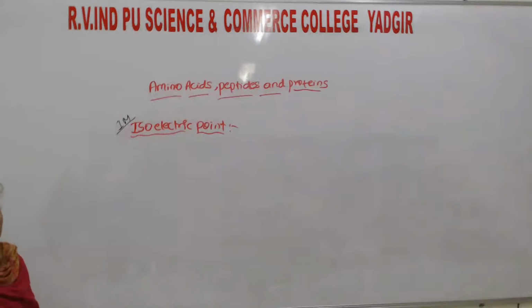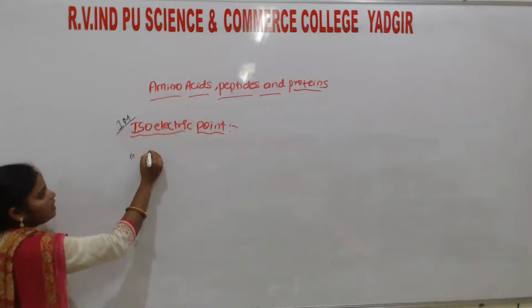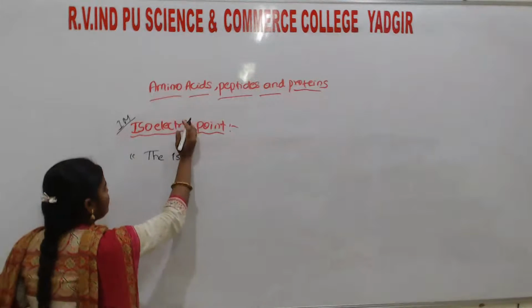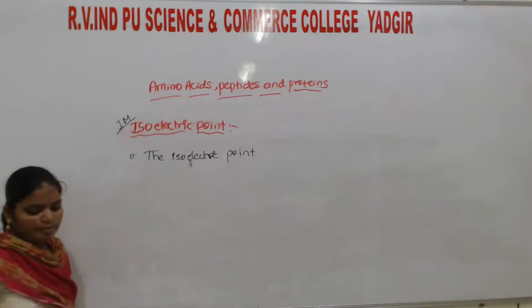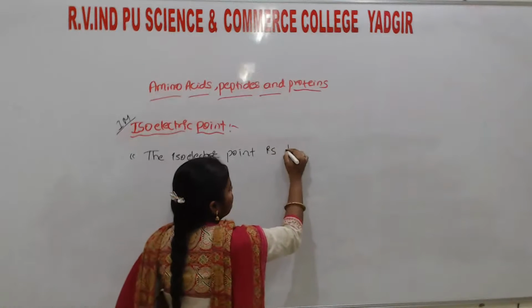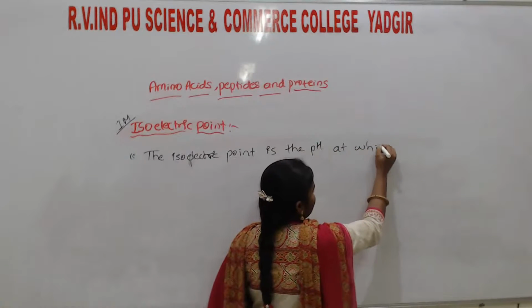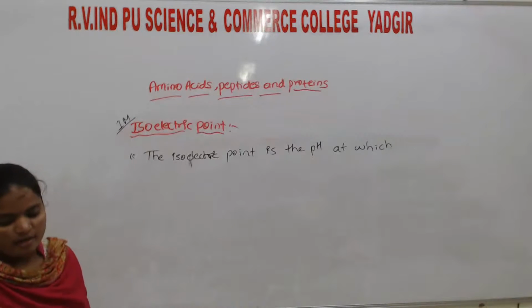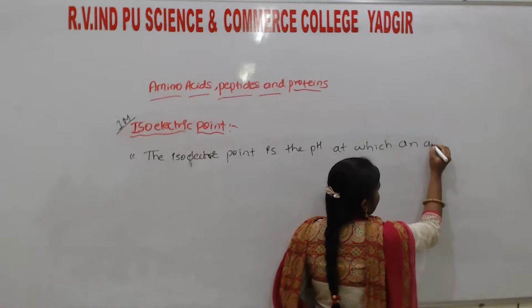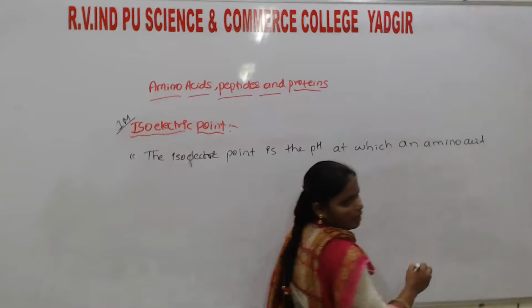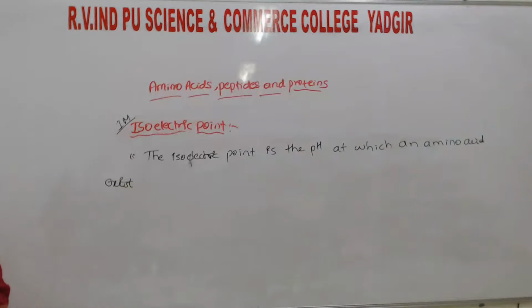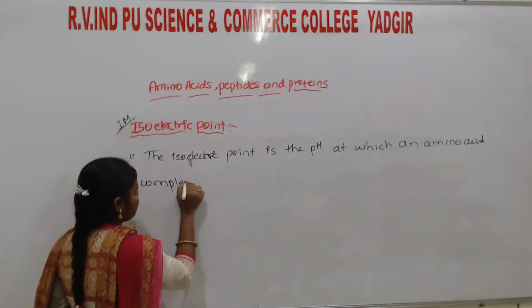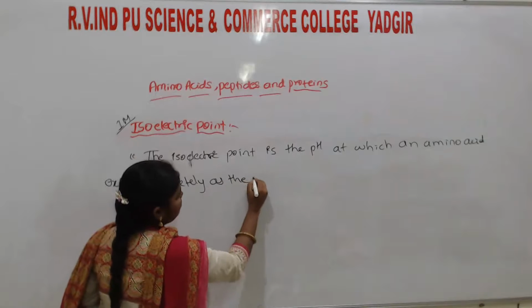The isoelectric point is the pH at which an amino acid exists completely as the zwitter ion.